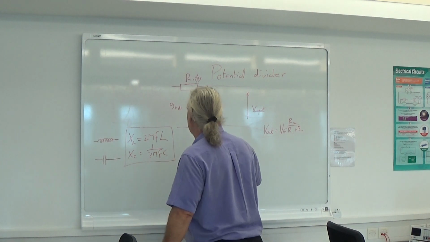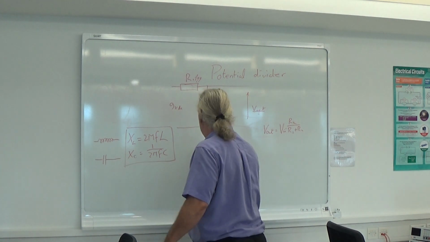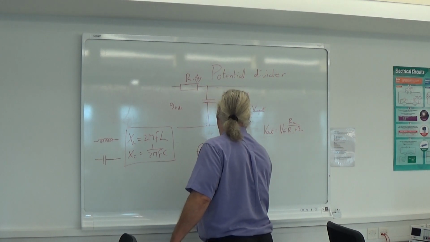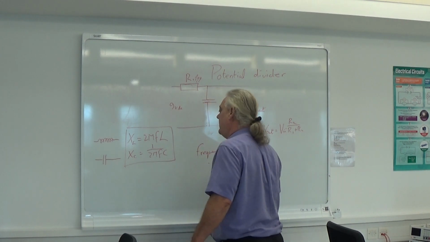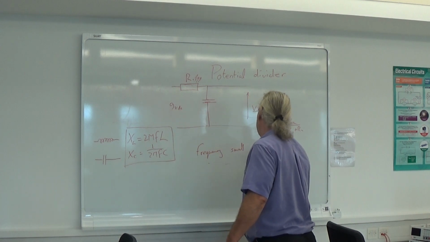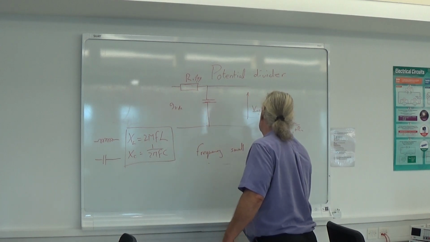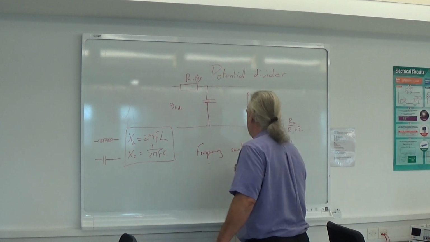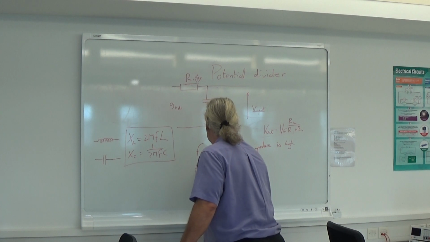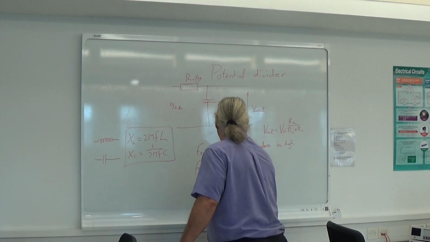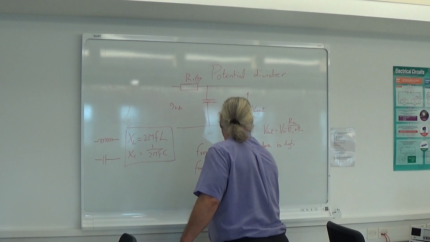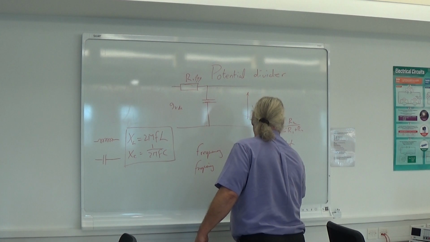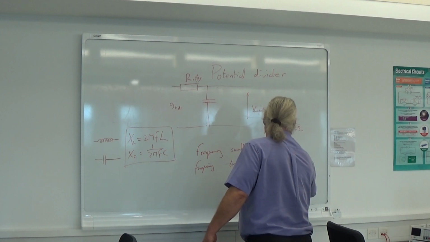Right, let's write that down. So for a capacitor, if frequency is small, impedance is high. If frequency is large, impedance is small.